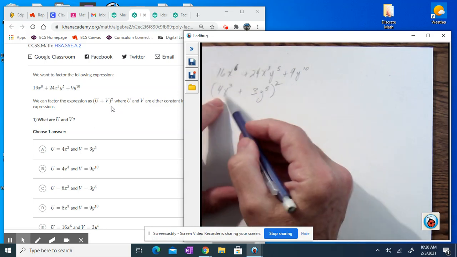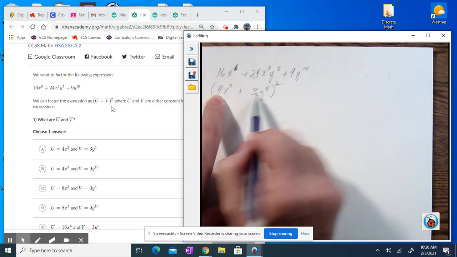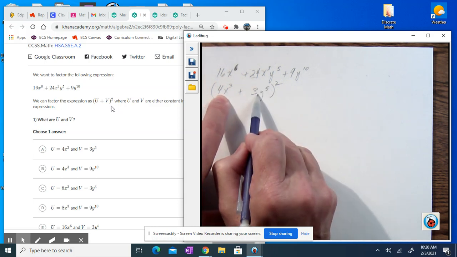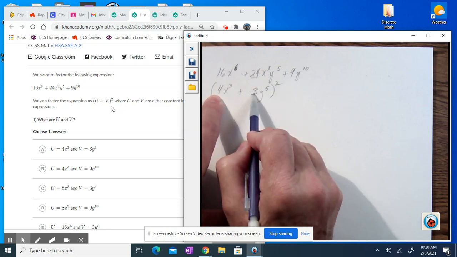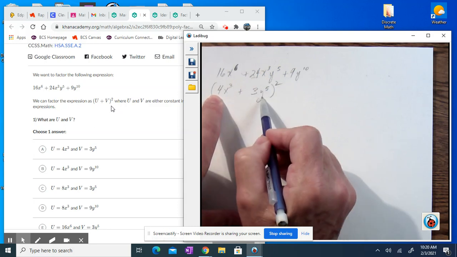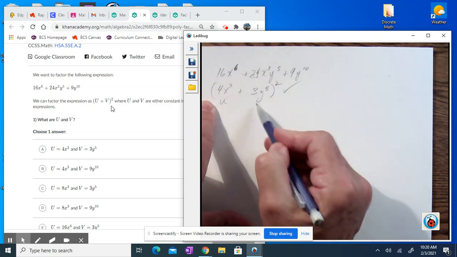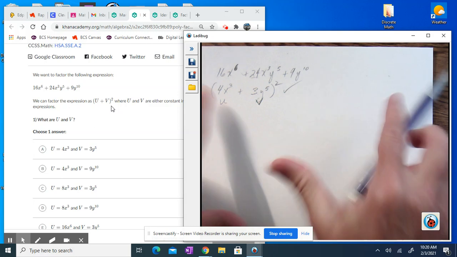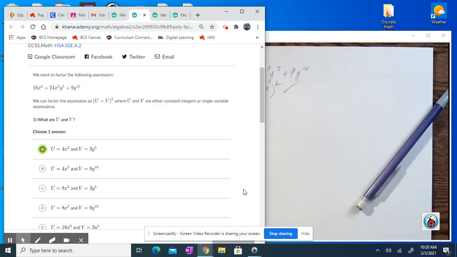Now let's make sure that the middle term comes out to be 24. Remember, you multiply these two terms together, which gives you the x cubed y to the fifth, and gives you 12 in front. But then you have to double it, which gives you 24, so we're good right there. So that is your u, and that is your v right there.